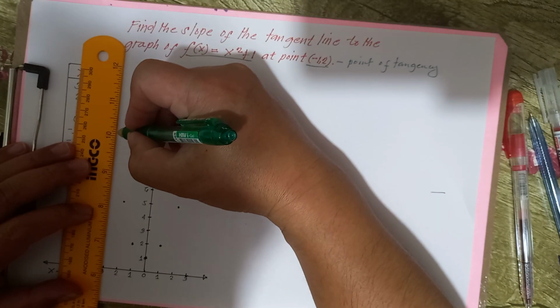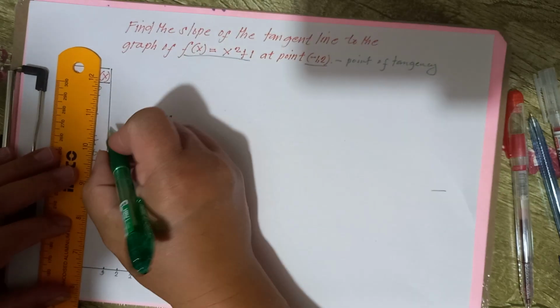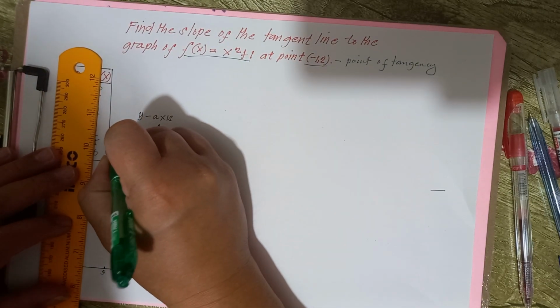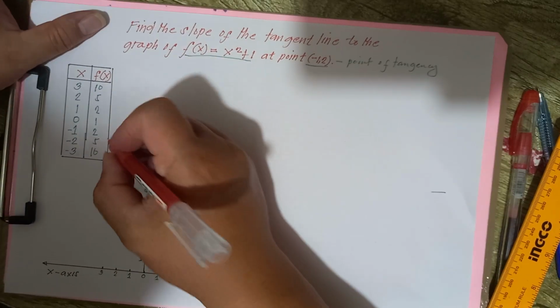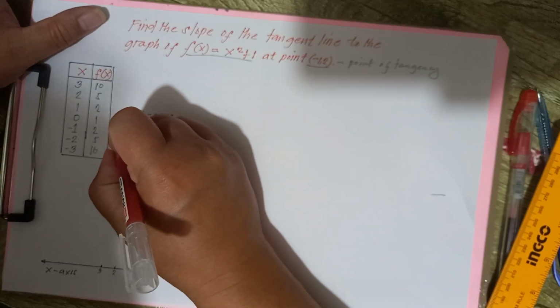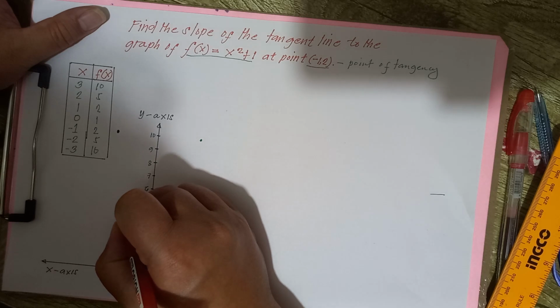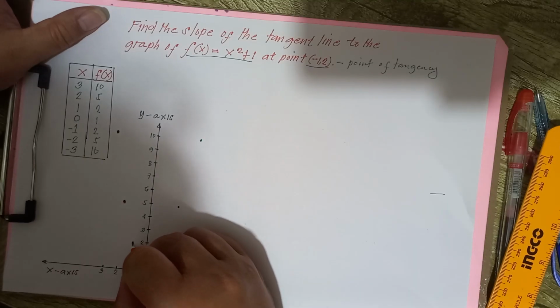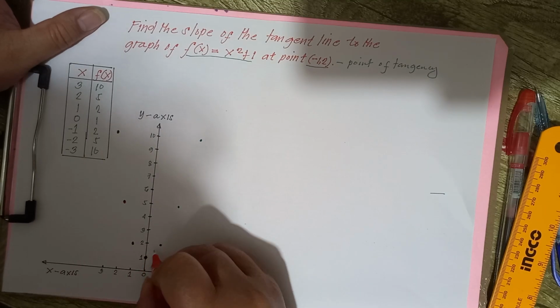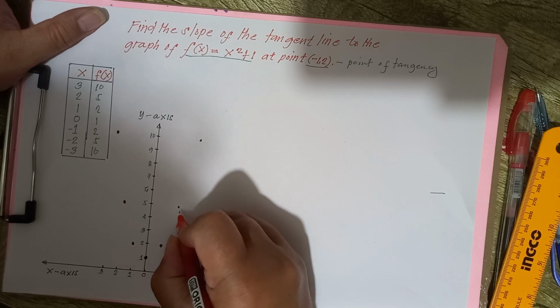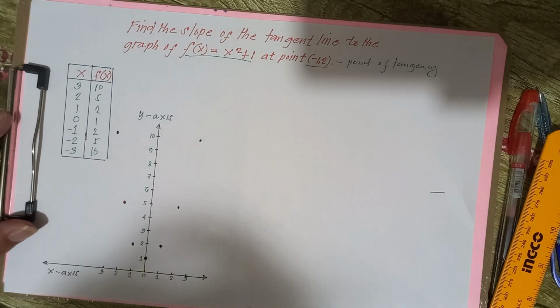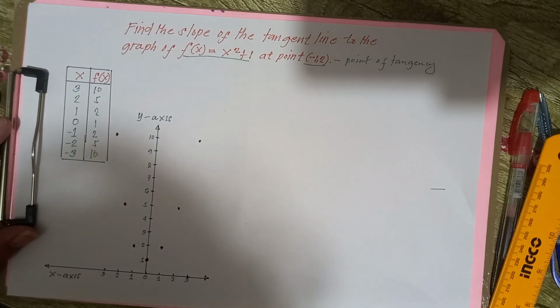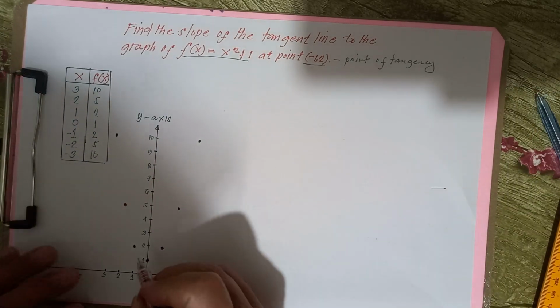Meaning to say, more or less, that is how it is located. So these are the points on the parabola. Now, if we are going to have the graph, let's try to draw it.